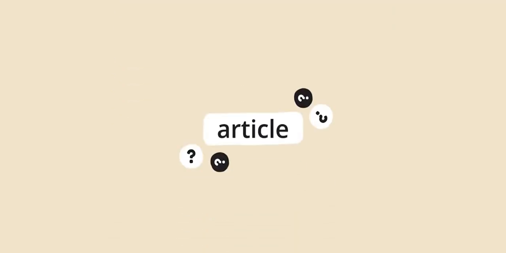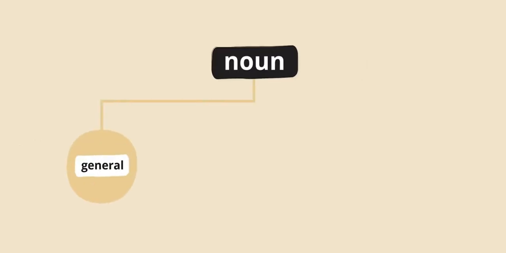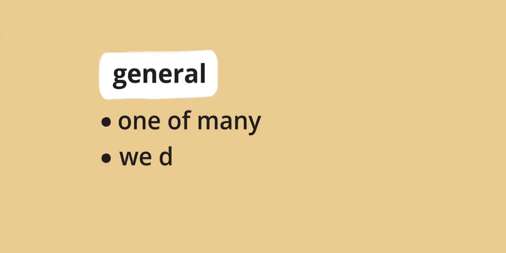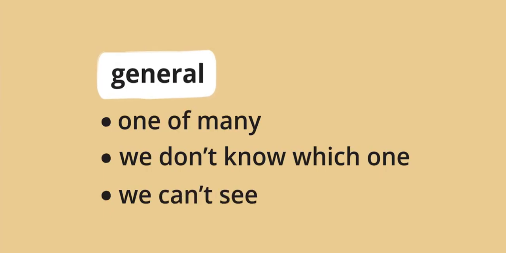Which article do we use? It also depends on the type of noun. Nouns can be general or specific. A noun is general when it's one of many. We don't know which noun it is, and we usually can't see it.